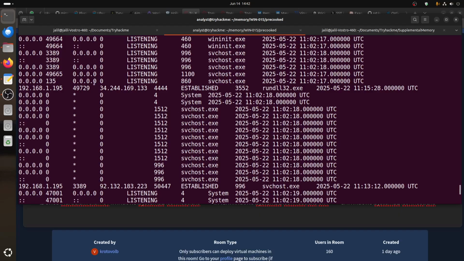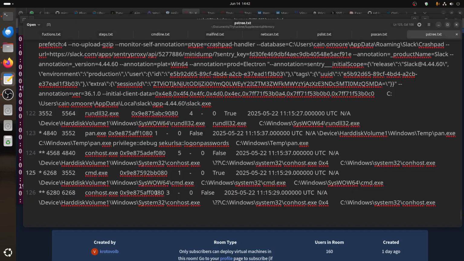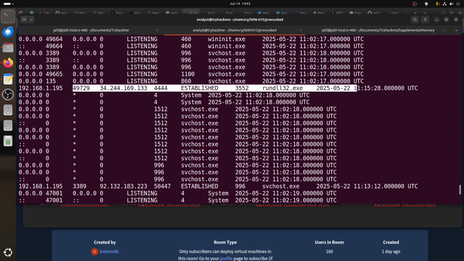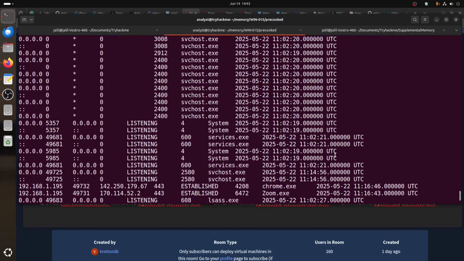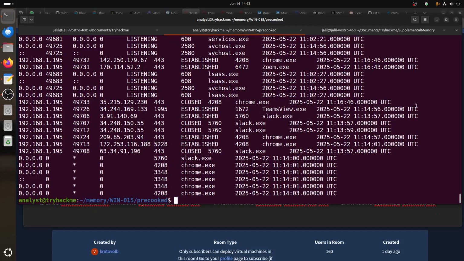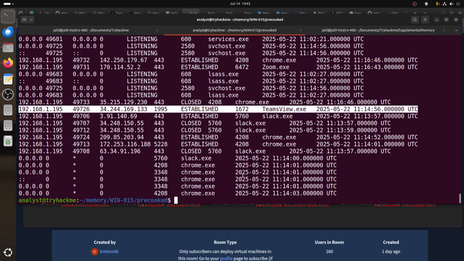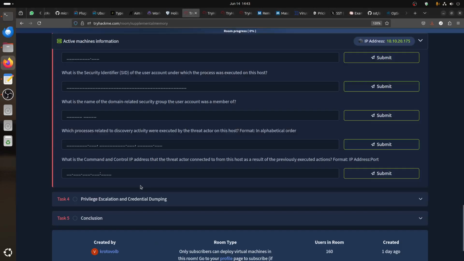Mimikatz, that pan.exe file came from. Where did that pan come from? I don't want to have the pan.exe file. So my guess is that this is the way, because first of all it comes this one, so this is the first one. That's the one that created the C2 we are talking about, and this is the IP. So that's basically the answer for this question.